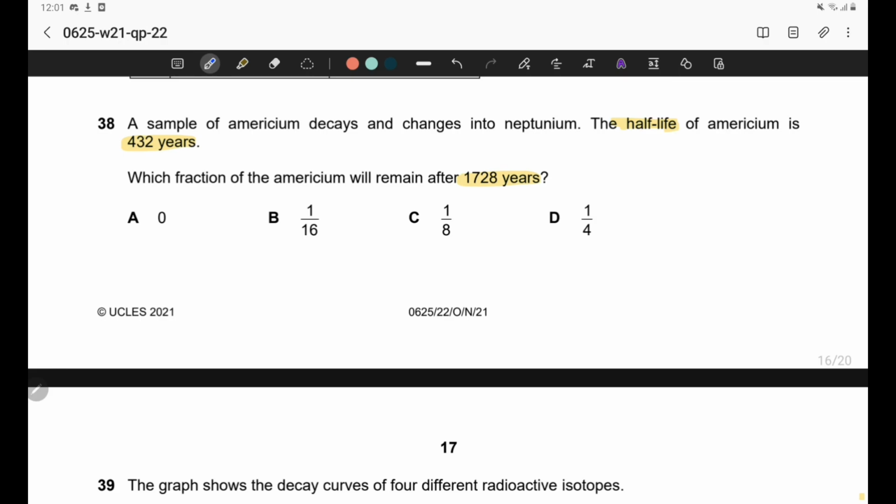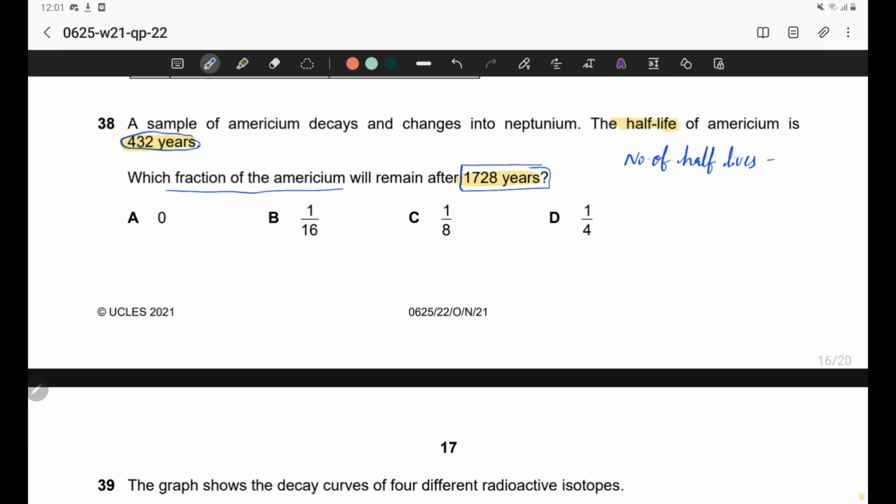Here the half-life of americium is given, that is 432 years. We need to check which fraction of americium will remain after 1728 years. So we can check how many half-lives will pass in 1728 years.